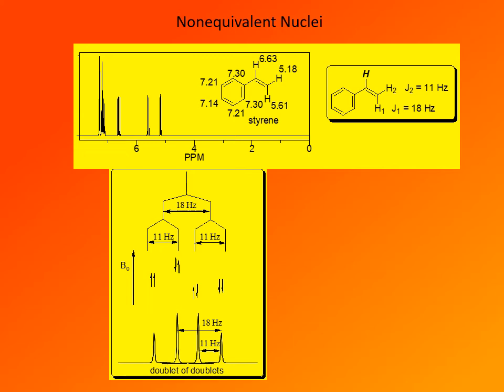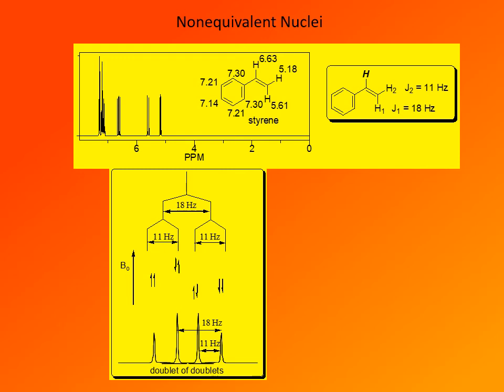And for that, we draw a splitting diagram or splitting tree shown here underneath. So we start with a singlet. We just draw a single line as a singlet. That's the signal due to the 6.63 proton, as if there was no splitting. Then splitting by a proton due to a larger coupling constant. That's the trans proton.